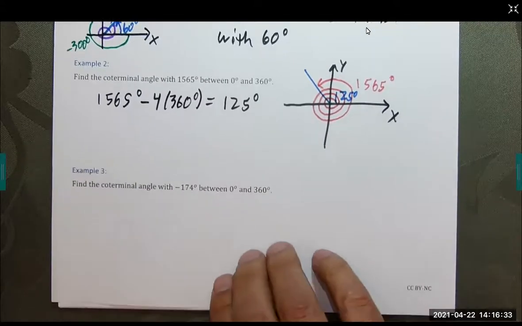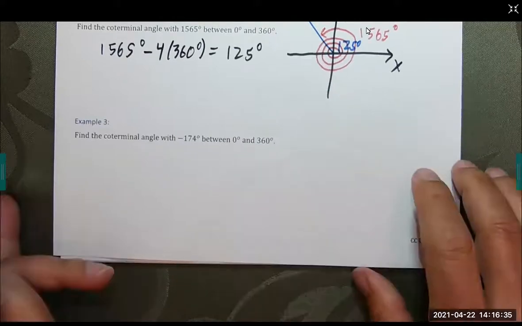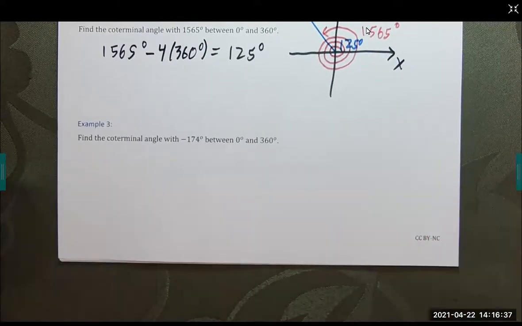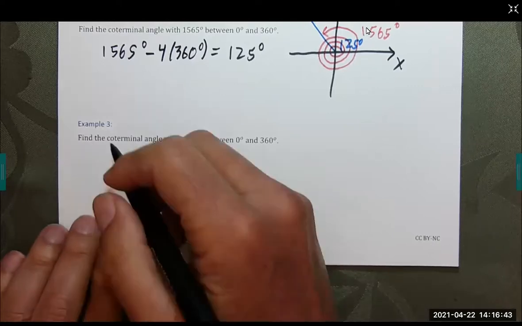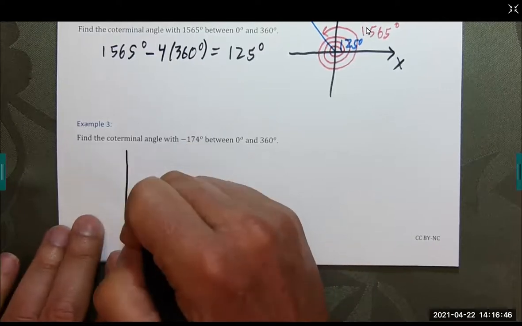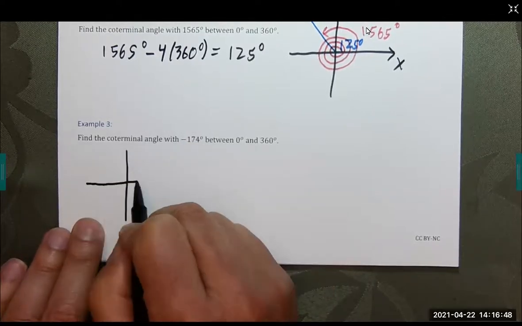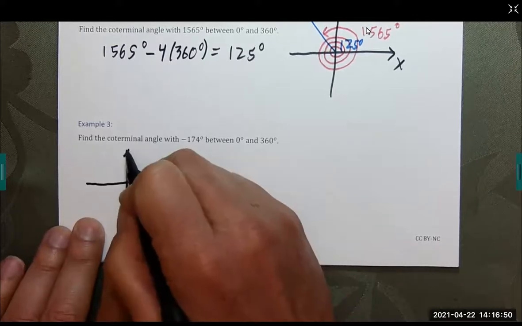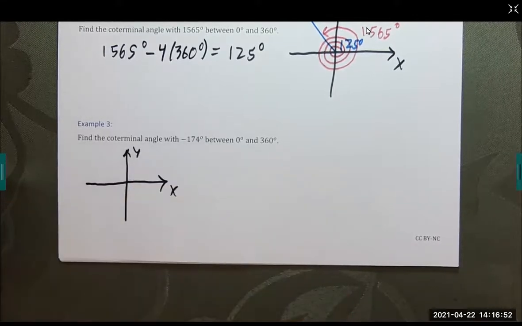All right, last one. Find a coterminal angle with negative 174 degrees between 0 and 360 degrees. So that is actually going to give us an angle, negative 174, that is going to be way over here like this.